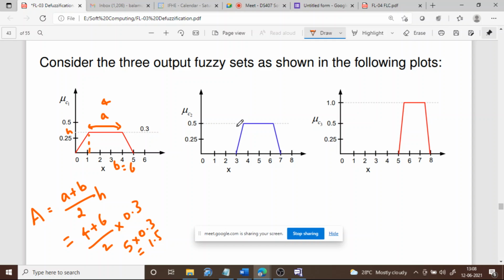You can type in the chat also. What's the value of H in the second plot?